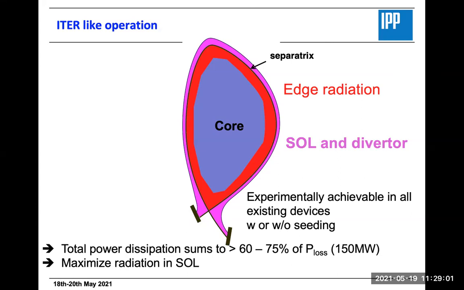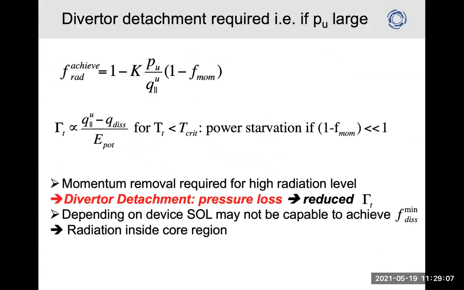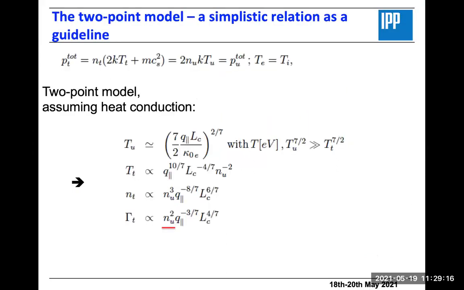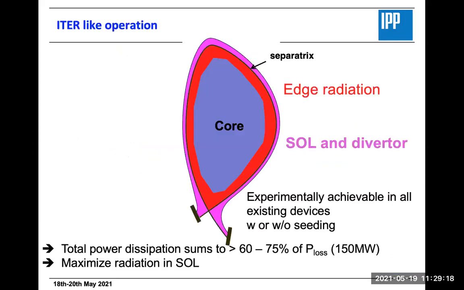I told you this here. The achievable radiation in the scrape-off layer is limited. It's limited by how much pressure we can lose. And the rationale is a bit like this: because DEMO is of similar size to ITER, the divertor will be of similar performance to ITER.